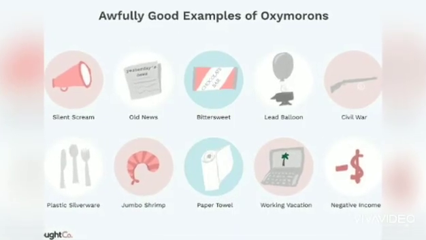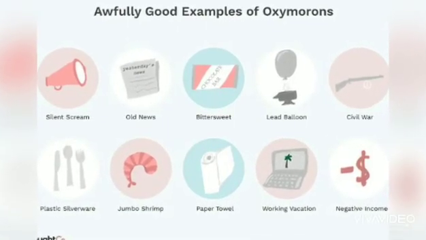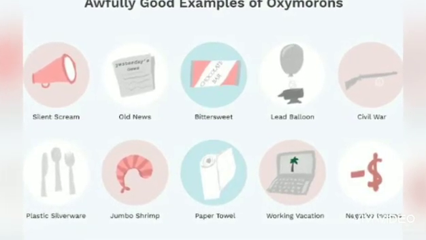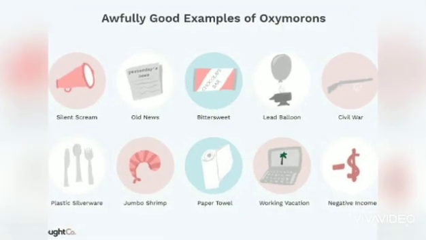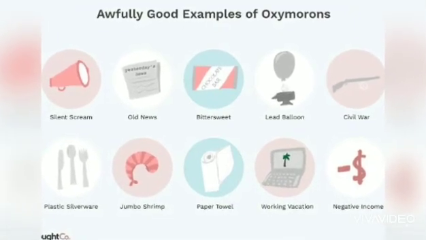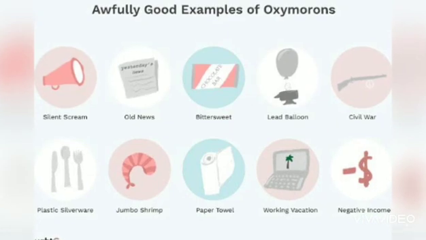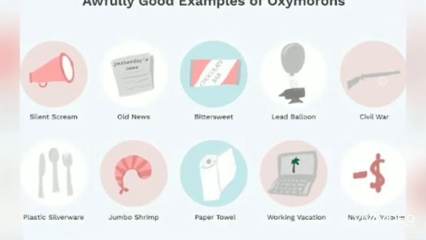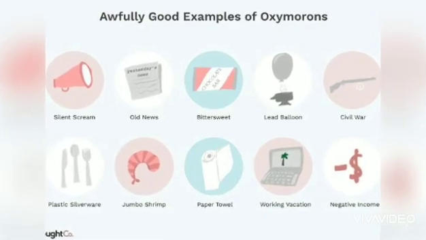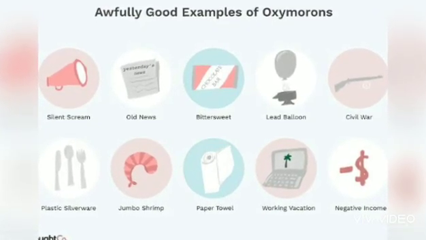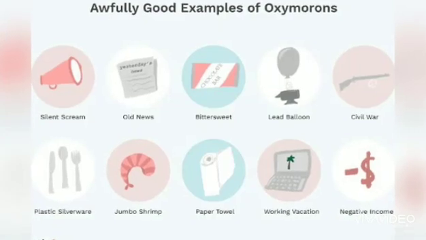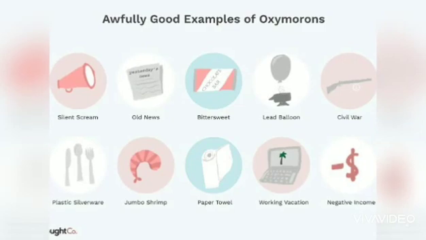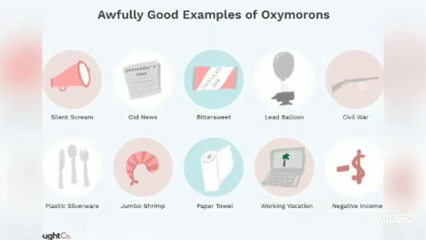Not all the oxymorons have to or must be used with literary purposes. There are some examples here. The oxymoron used as a literary or language resource is the first one, silent scream. Just think about it. Why should silence scream if you're in silence? That's the main purpose of the oxymorons.